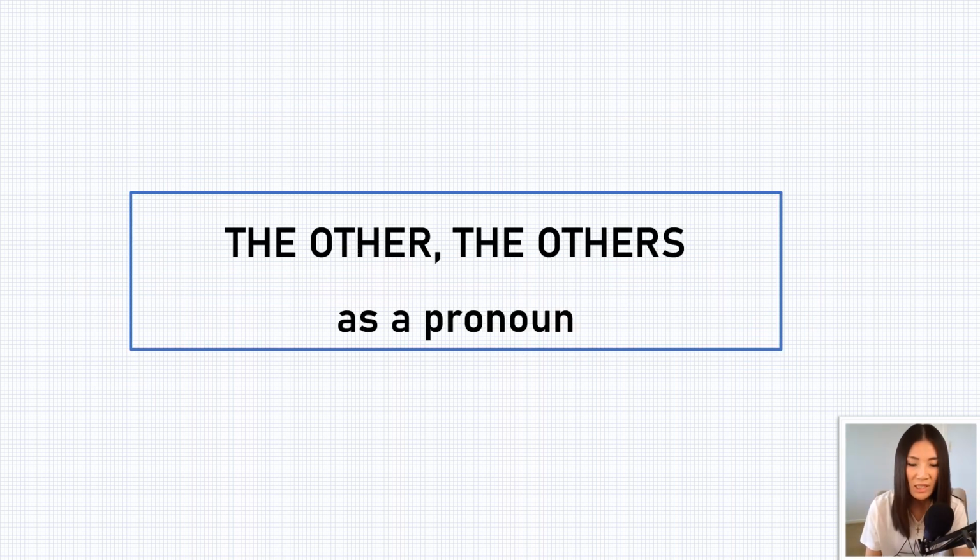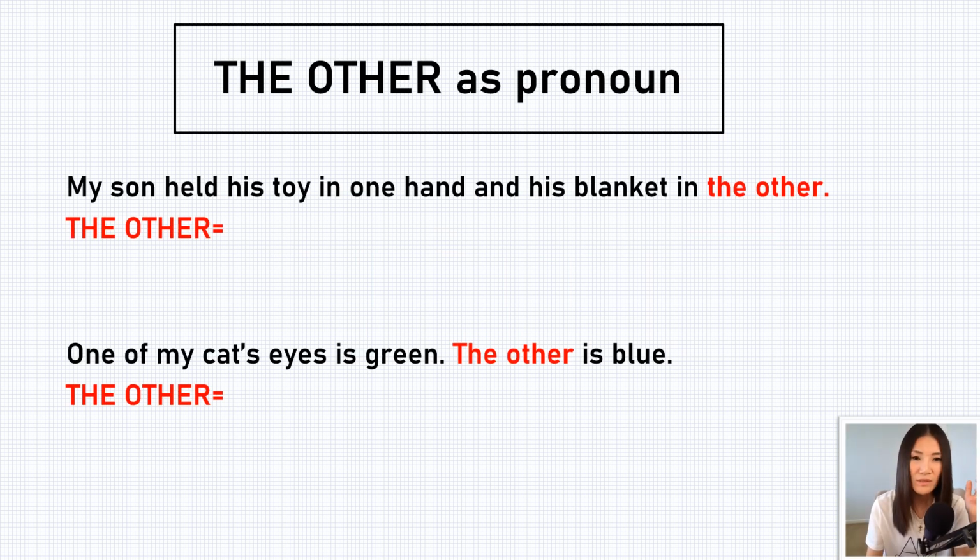We are still talking about pronouns, but now let's talk about why we should say the other and the others instead of other and others. When I use the phrase the other as a pronoun, I'm talking about the second thing or second person in a group of 2. For example, my son held his toy in one hand and his blanket in the other. So clearly it's the other hand, right?